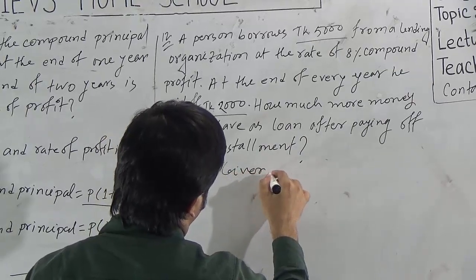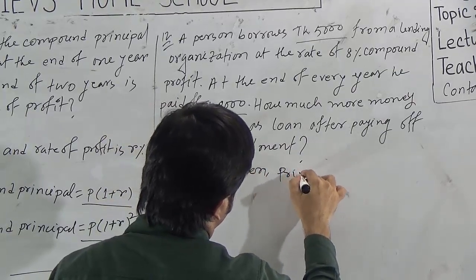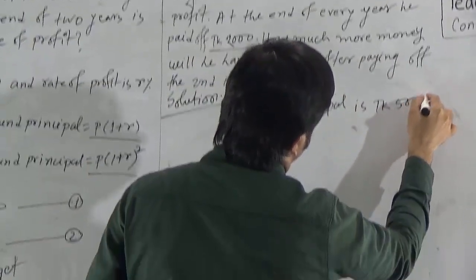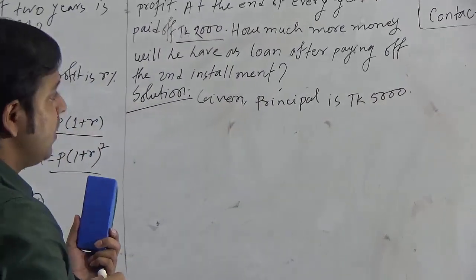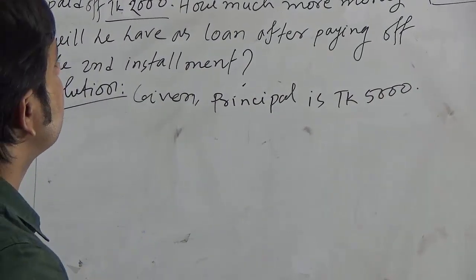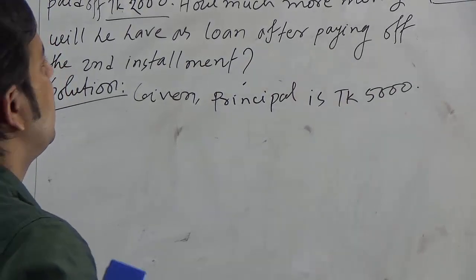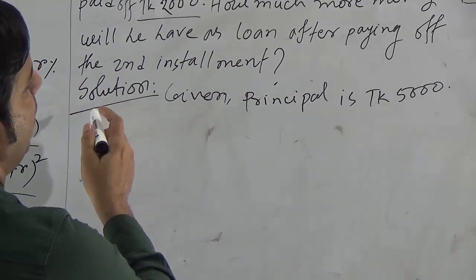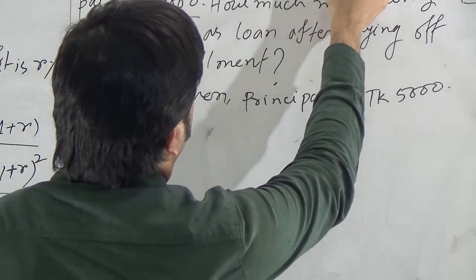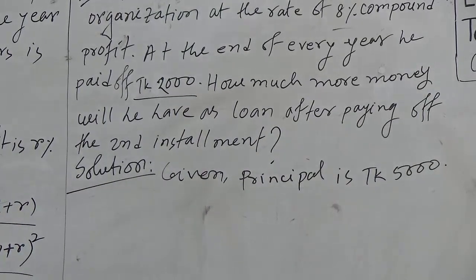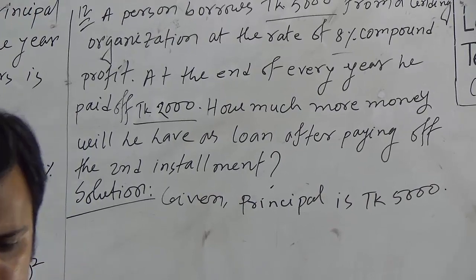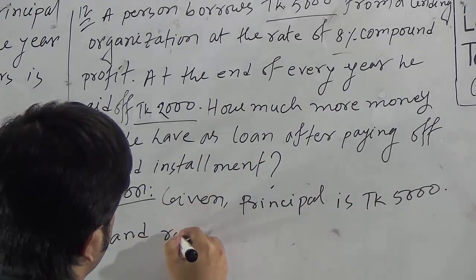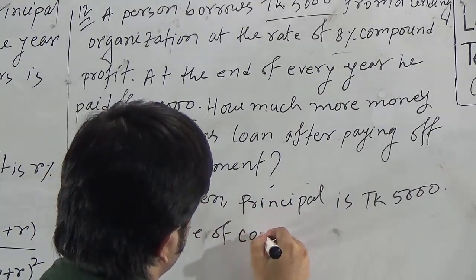Given principal is taka 5,000, as the person borrows taka 5,000. Now let the rate of compound profit be R, that is 8%.